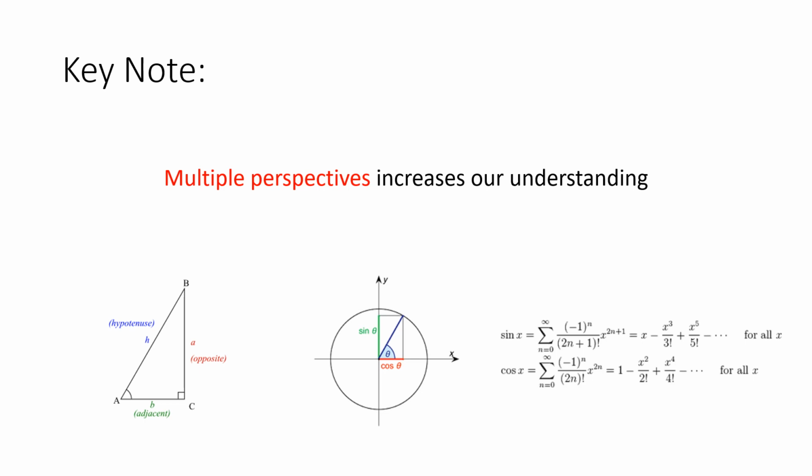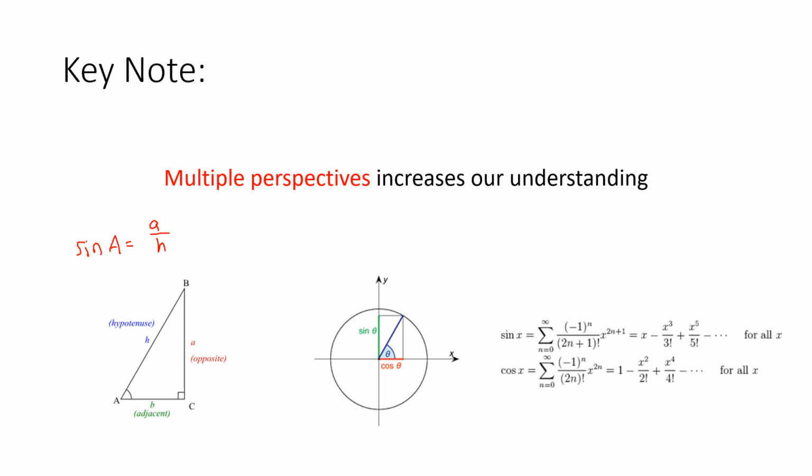And one good example in mathematics is about trigonometry. We initially learned about trig in GCSE, sine and cosine, in terms of triangles. Well, we know that sine is equal to opposite over hypotenuse.